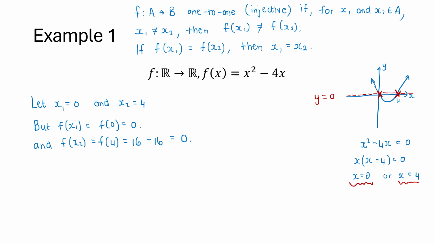So we have two different x values being mapped to exactly the same y value, and therefore we can make our conclusion: f is not one-to-one.